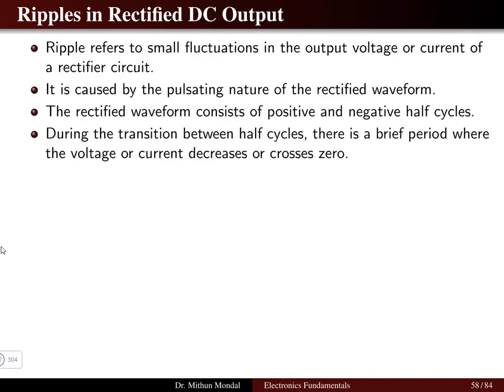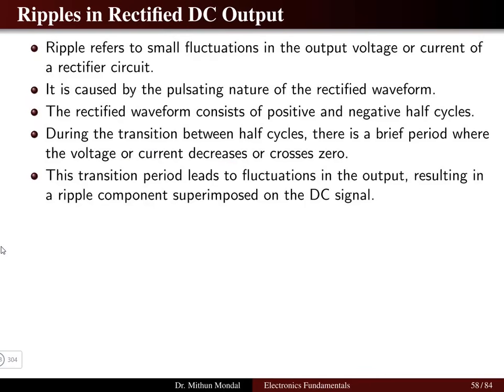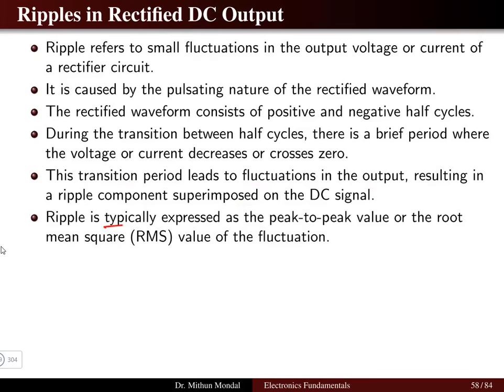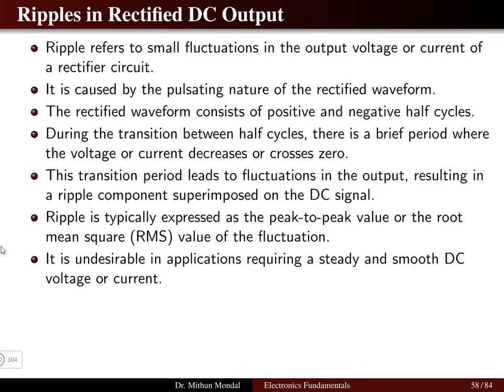During the transition between the half cycles, there is a brief period where the voltage or current decreases and crosses zero, and hence the transition period leads to fluctuation in the output, resulting in a ripple superimposed on the DC signal. Ripple is typically expressed as a peak to peak value or the RMS value of the fluctuation.